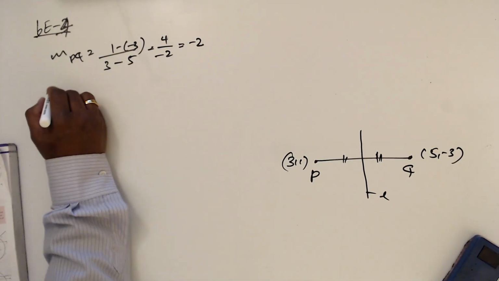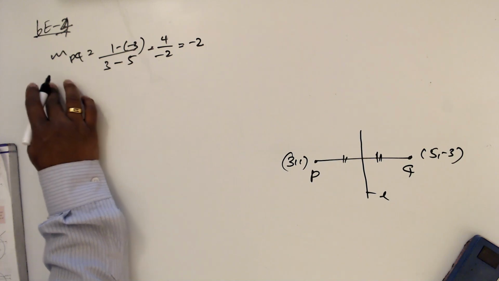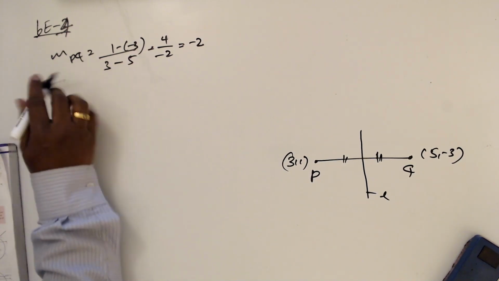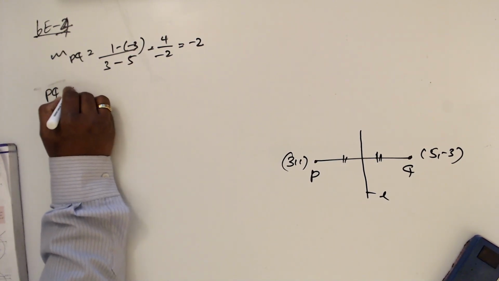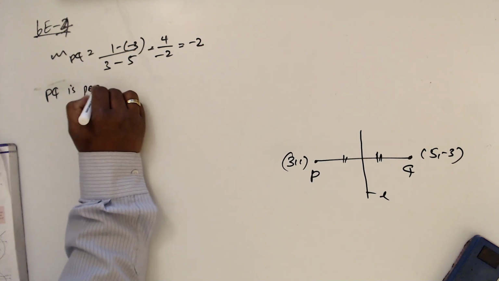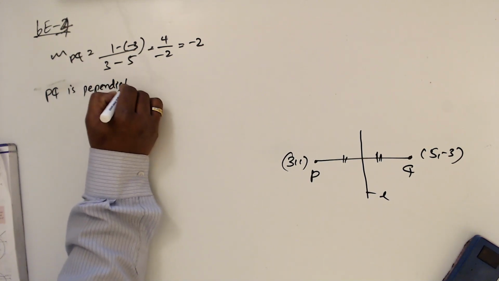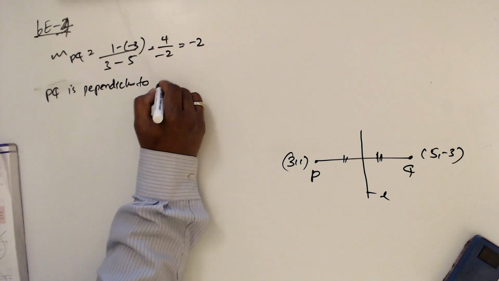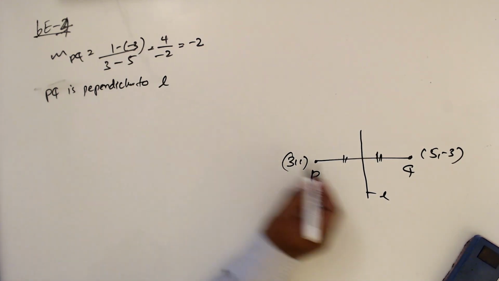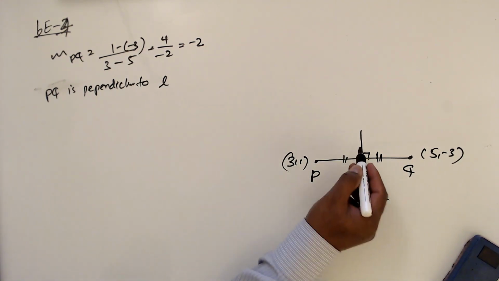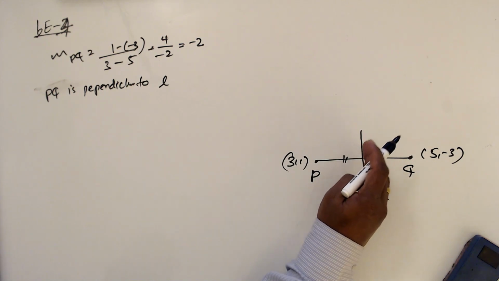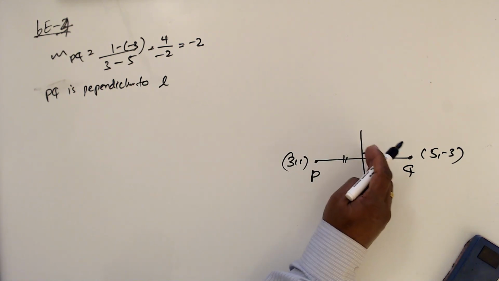Now PQ is perpendicular to L. Those are perpendicular, bisect and also perpendicular, making 90 degrees.